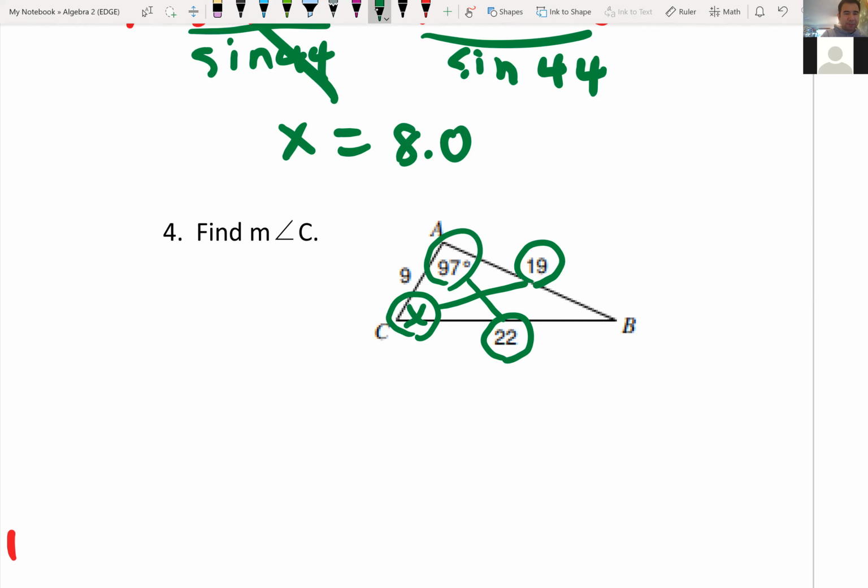So the setup is, again, we want to find the angle, like number 3. Sine of x is to 19. That's the first pair. Sine of 97 is to 22.